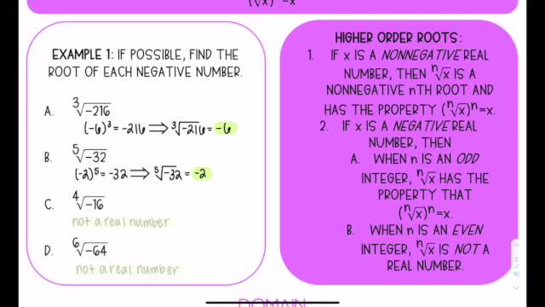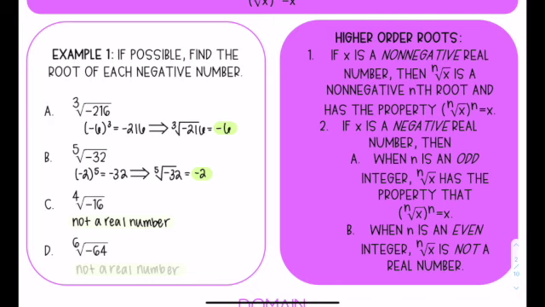But for part C, I'm looking at the fourth root of negative 16. Since our n is even, it's 4, and x is negative, this is not a real number. If I raise a negative to an even power, I'm still going to get a positive number.